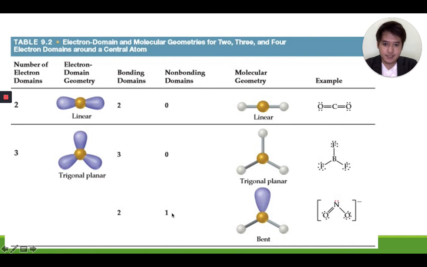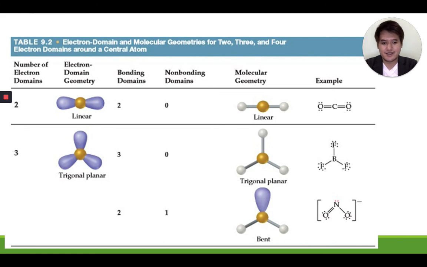So there is now one electron pair present, and take note that that electron pair will repel the attached atoms, causing an arrangement that will minimize the repulsion between the electron pair and the atoms. So that's why there is another molecular geometry associated with it, and we consider it to be bent.